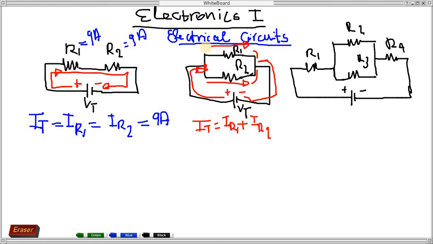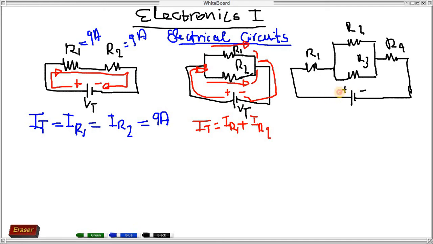That's why we say this circuit is a parallel circuit, because the current is not the same across each and every resistor; it splits and changes direction into two parts. Some of the current is shared between R1 and R2. So let's check now the series and parallel circuit.